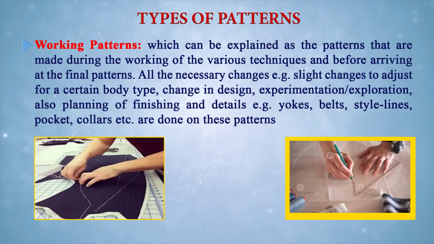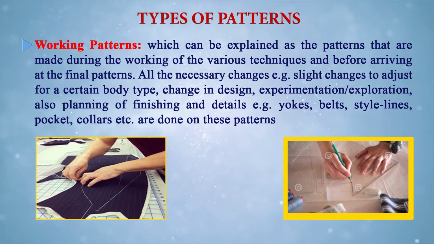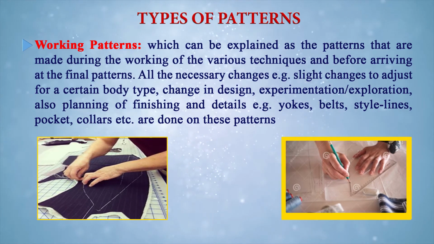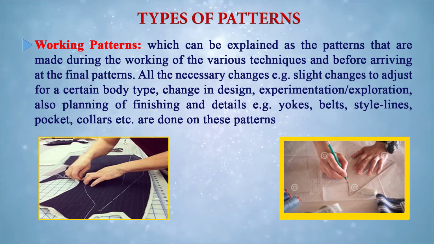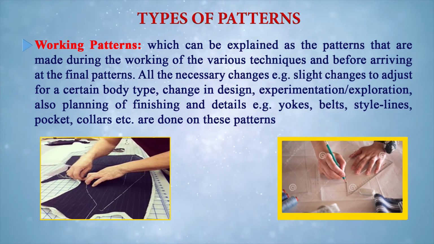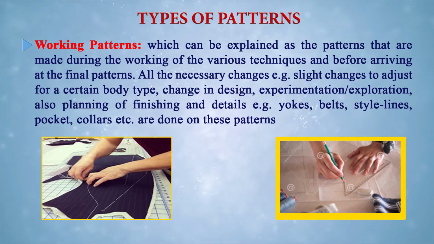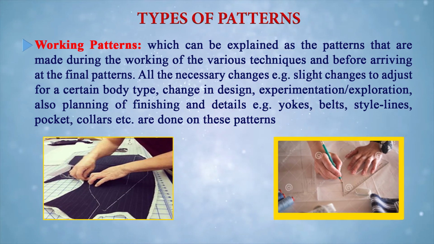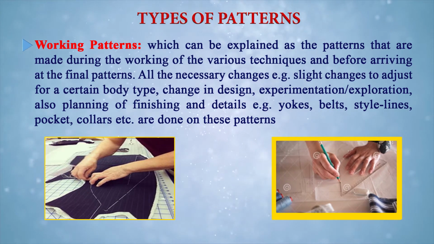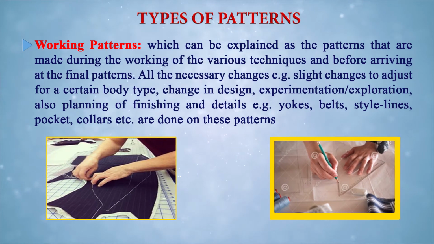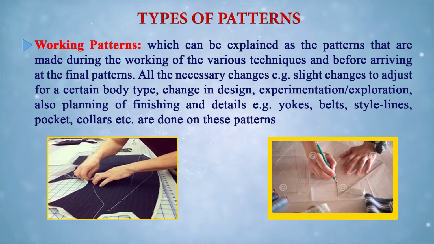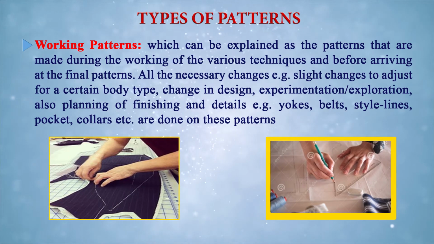Then comes the working pattern. A working pattern can be explained as a pattern that is made during the working of various techniques, before arriving at the final pattern. All necessary changes can be made. As we discussed, in the basic pattern there is no seam allowance, it is just the body measurement.